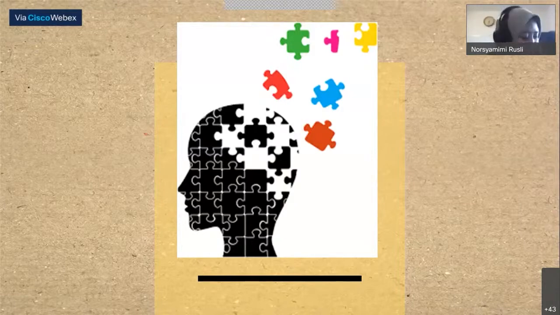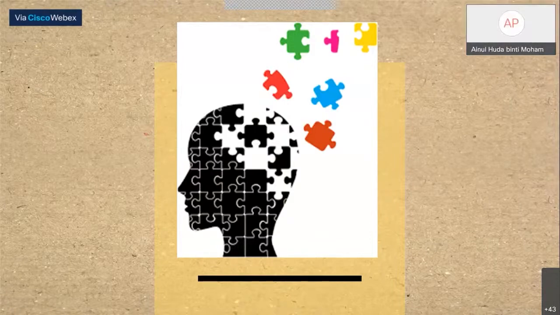What about visual perception? How does it affect motor skills? It helps our child or our student to enhance their skill in writing or copying.